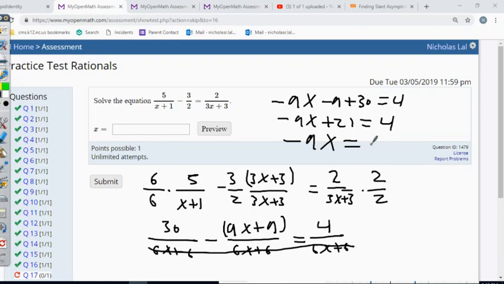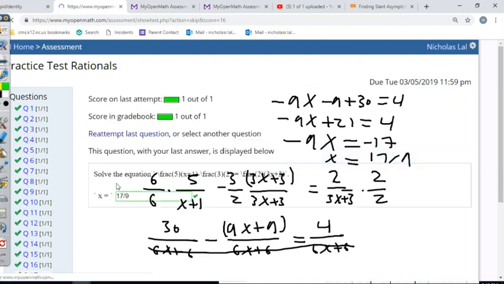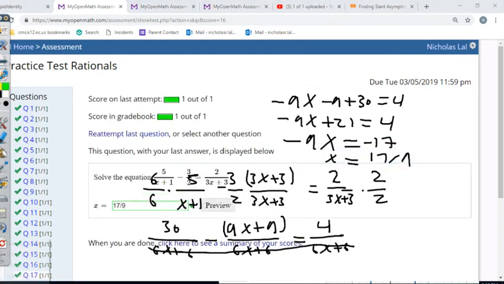That's going to be negative 17. So x is equal to 17 ninths. What an ugly number, but it is. Solution, x should be equal to 17 ninths. Got it right.